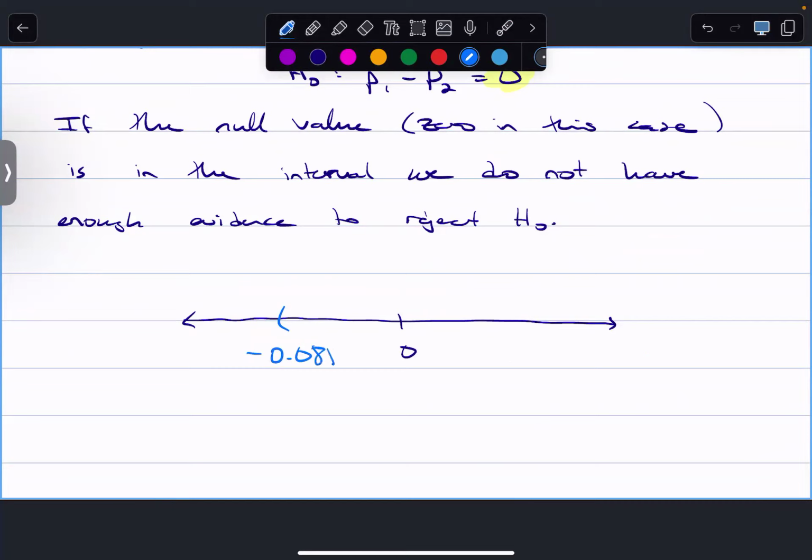I'm 95% confident that somewhere in this interval, the true difference in proportion lies. Kind of backwards. And so I'm 95% confident that a difference of 0 could happen, right?